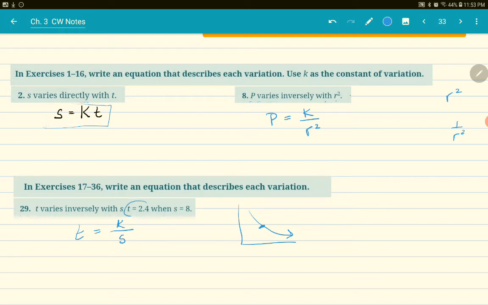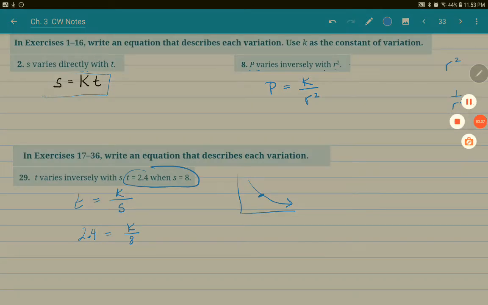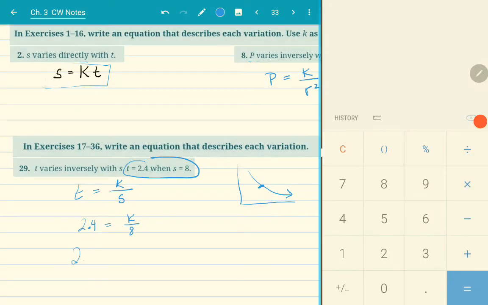So I have one point where t equals 2.4, then s equals 8. And now I can solve for k by multiplying both sides by 8. So that's 2.4 times 8 is going to give me k.